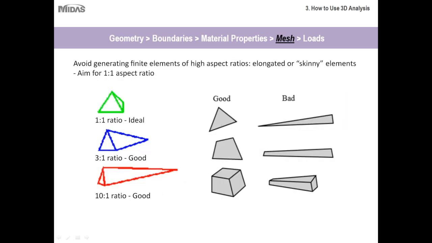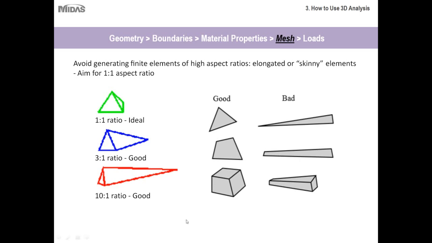Okay, and now let's talk about the aspect ratios, or the shapes of your meshing. It's always a good rule of thumb to aim for a 1-to-1 ratio when it comes to your meshing, whereas longer, skinnier shapes, anything up to a 10-to-1 ratio, are not ideal. The reason is that the longer your mesh shapes become, the less reliable your results will be.